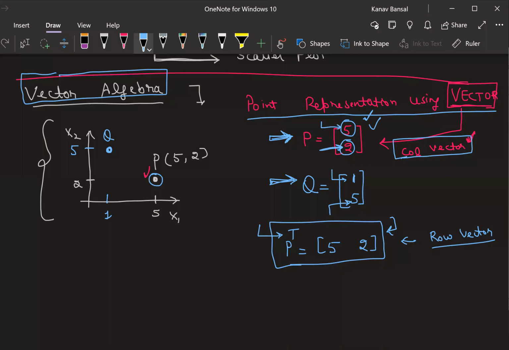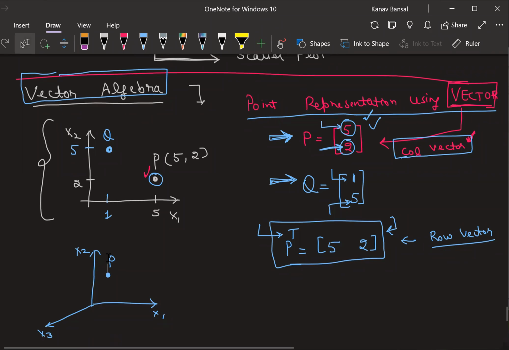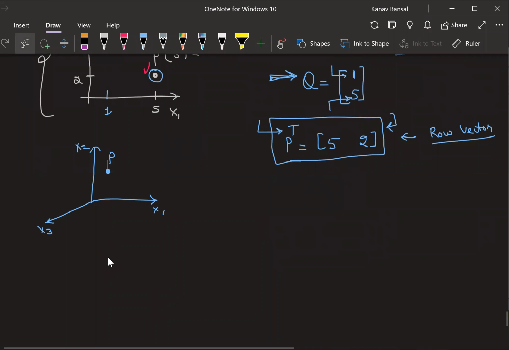Now, if I have three-dimensional space, with x1, x2, and x3 dimensions, and I have a point in this space, how many components will this point have? Can anyone tell me? Three components, yes.